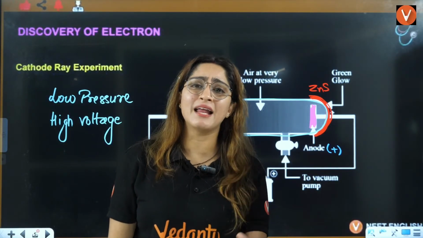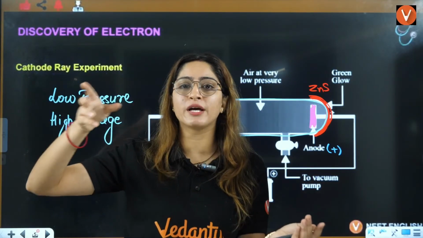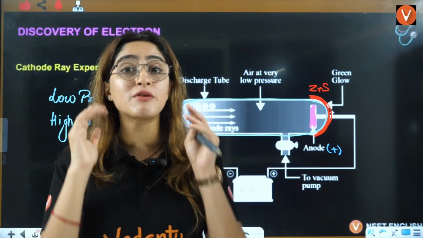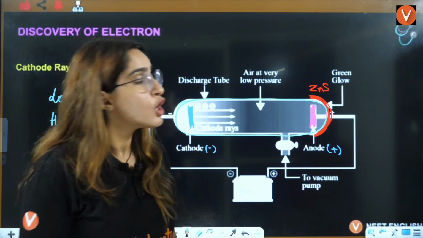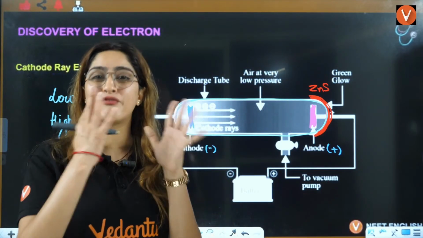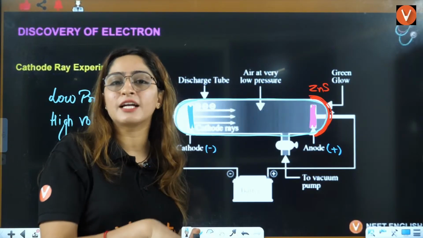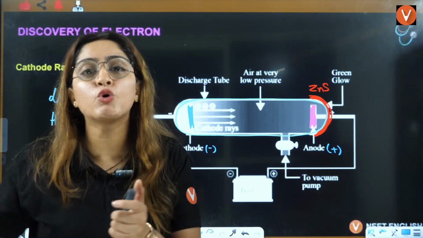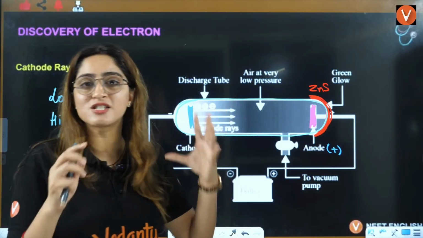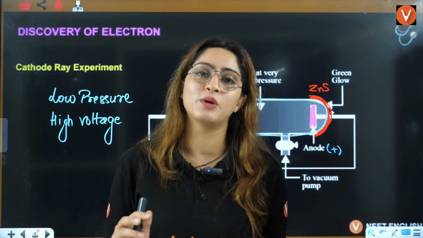But if I'm analyzing, let's say, 2,000 students, and I'm trying to figure out which topic they like and which they don't like, it will be easy for me to visualize that. So similarly here also, too many atoms of gas will be difficult to understand. With fewer atoms, it will be easy to make some conclusion out of it. So there will be less disturbance inside the discharge tube. That's why low pressure, meaning fewer atoms, was kept.